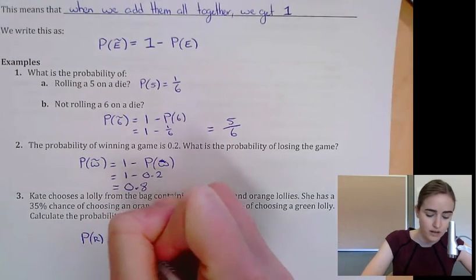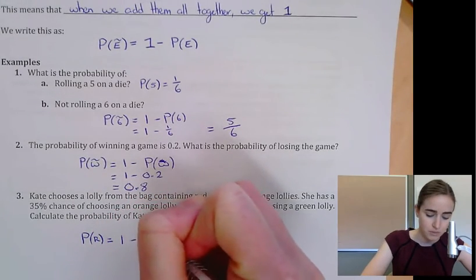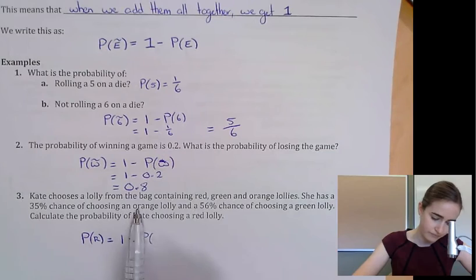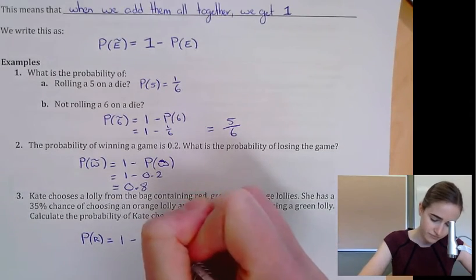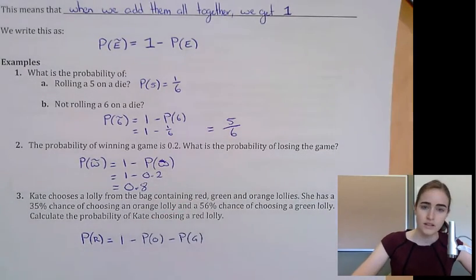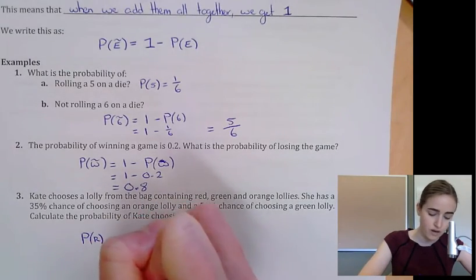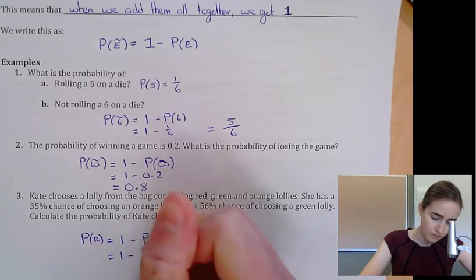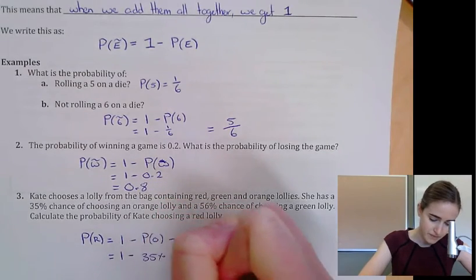So we're going to have 1 minus the probability of orange and green. So minusing the probabilities that we already know. So we're going to have 1 minus 35% and minus 56%.